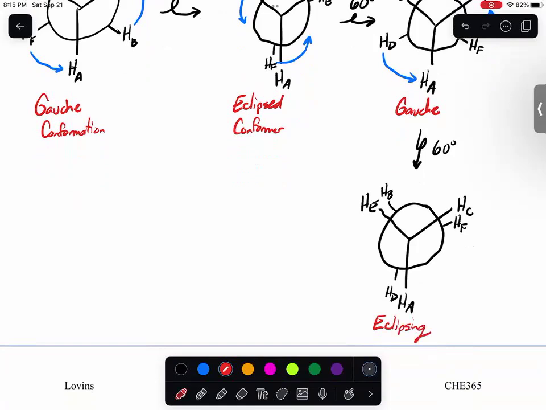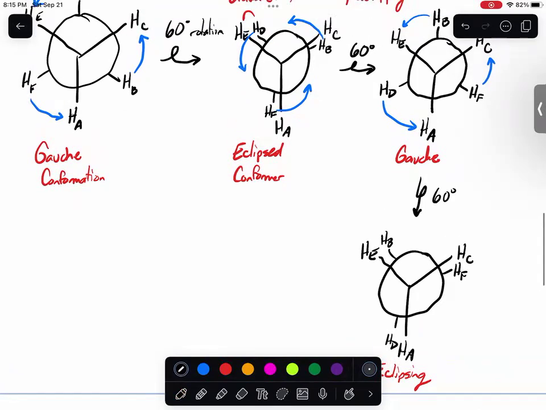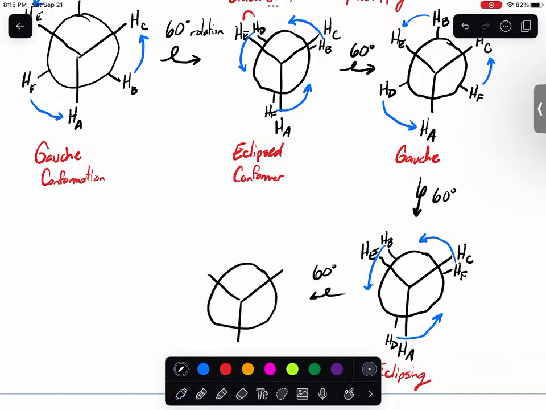We do another 60-degree rotation, and we can see HB is now going to move into this open area. HD is going to move into that open area, HF over there. So we have another form that looks like this. Perfect.